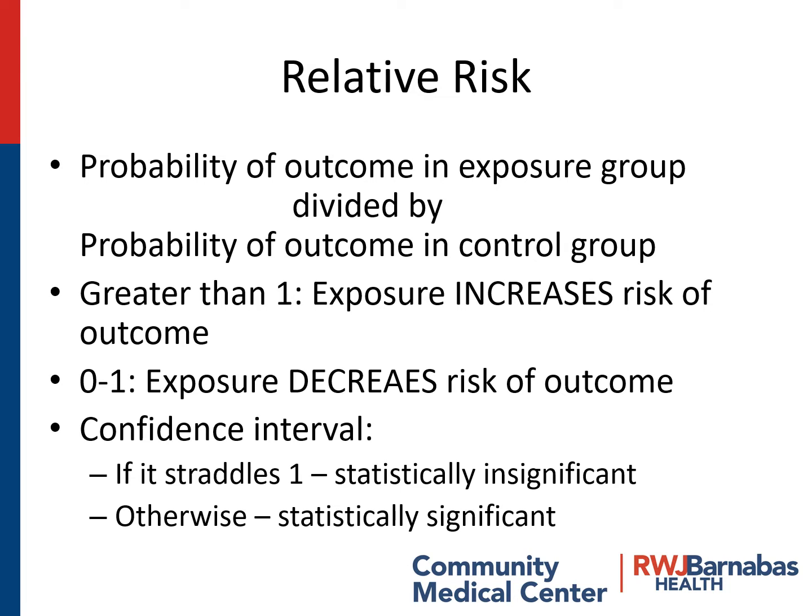So greater than 1, exposure increases risk of outcome. Between 0 and 1, exposure decreases the risk of outcome. And once again, the confidence interval works the same, except you're looking to see if it straddles 1. If it straddles 1, it's statistically insignificant. Otherwise, it's statistically significant. I hope all that makes sense.